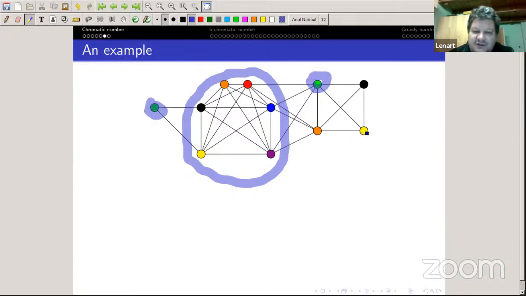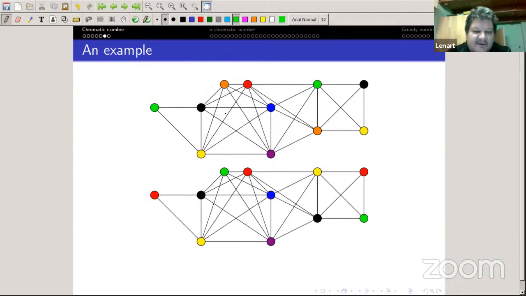But orange, yellow, and black are repeated outside of this clique. So this is a coloring with 7 colors.